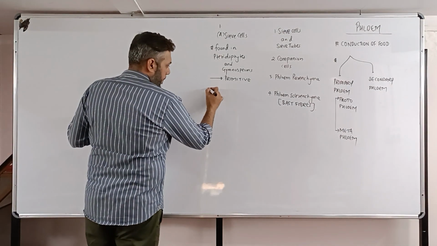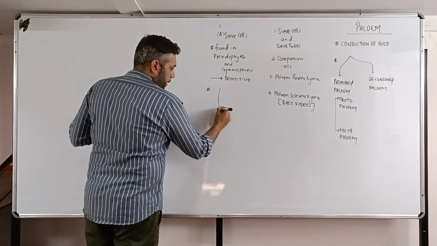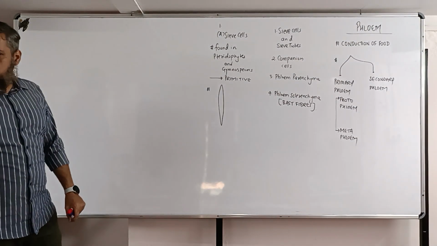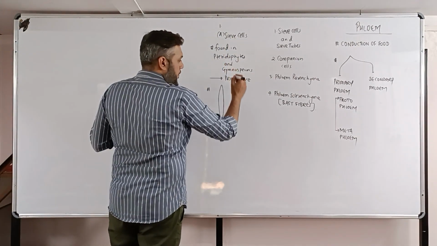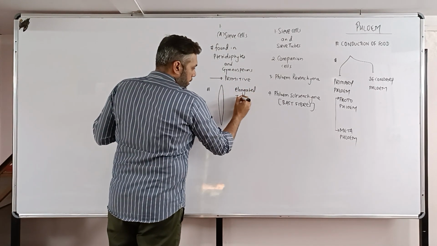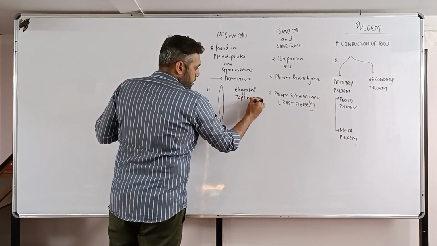Structurally, it is an elongated, tapering cell. How is the sieve cell? Elongated, and the body is tapering.